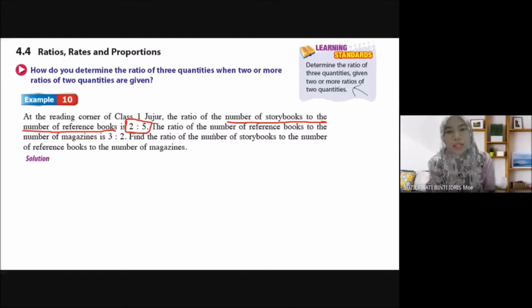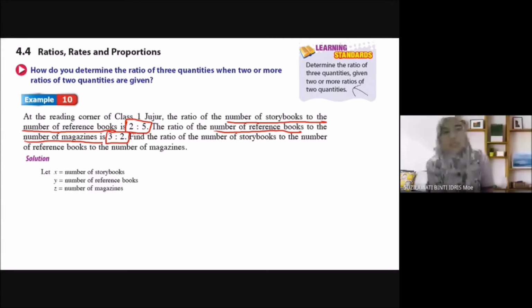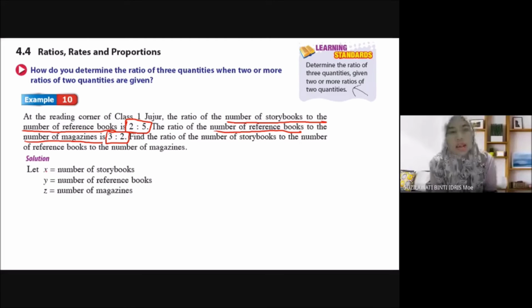Then we see the number of reference books again. In the first sentence, reference books is 5. In the second sentence, the ratio of reference books to the number of magazines is 3 to 2. So let's say X is the number of storybooks, Y is the number of reference books, and Z is the number of magazines. We change it to variables, the unknown values.